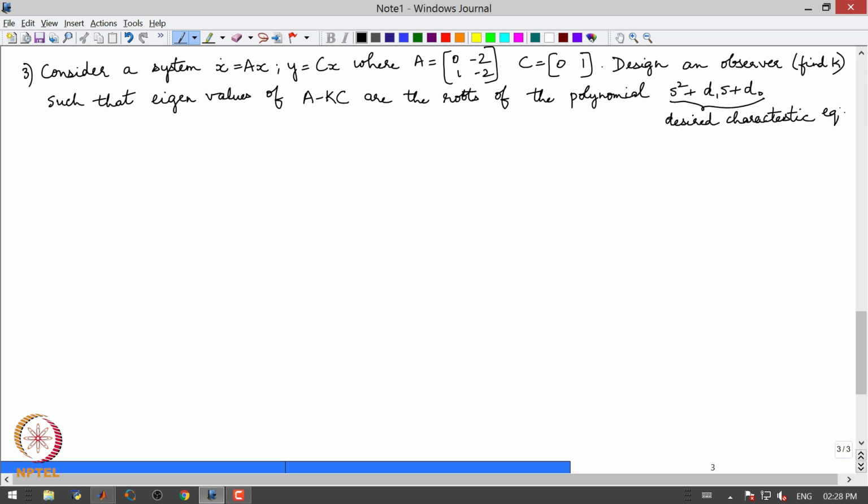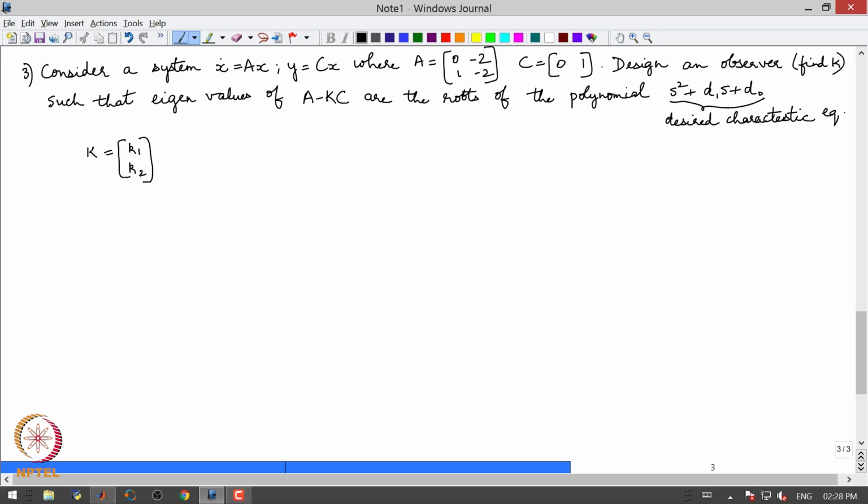This is very similar to the controller design that we did in the previous module. So, how do we go about it? As per the dimensions, K needs to be a column vector k1 k2.